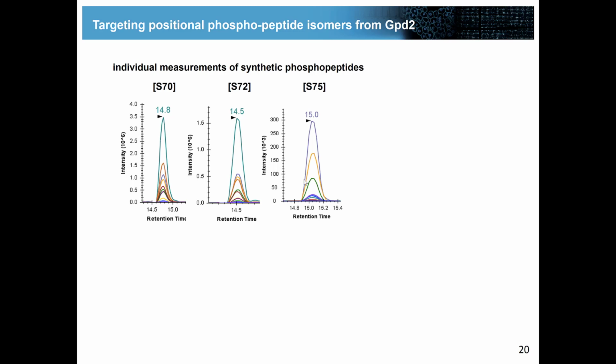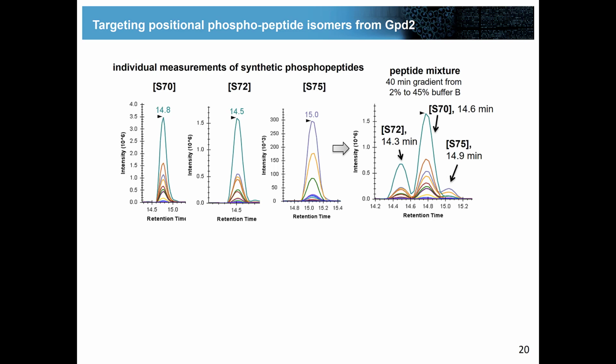And what I learned from this measurement was that every phosphopeptide had a quite distinct and unique fragmentation pattern. You can see that the colors of the different fragment ions are really quite different between these different forms.